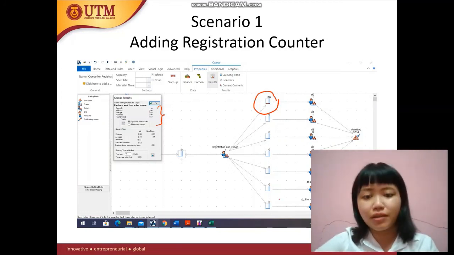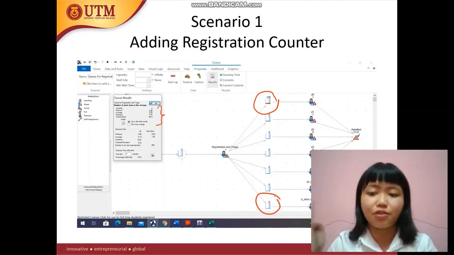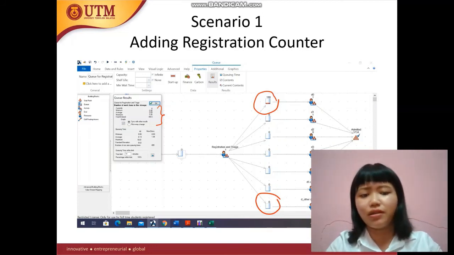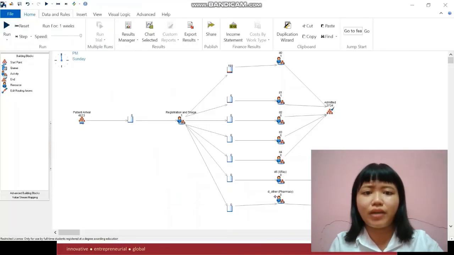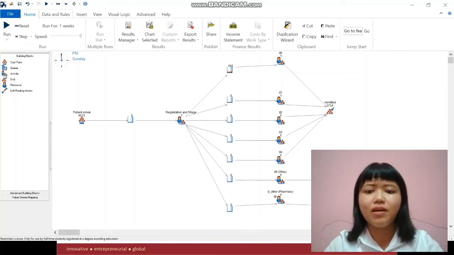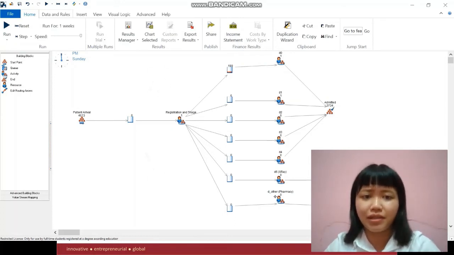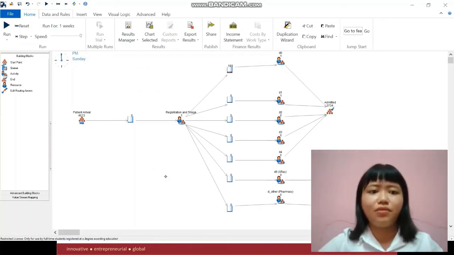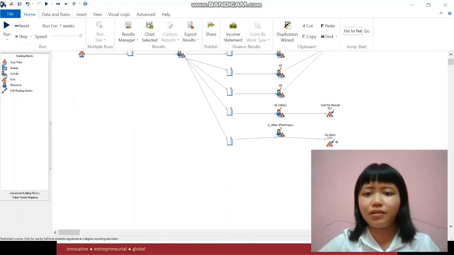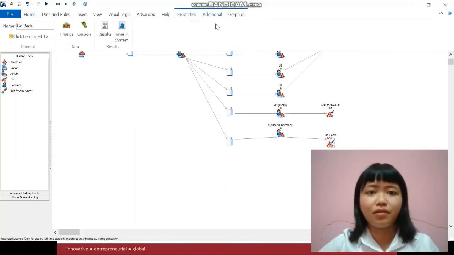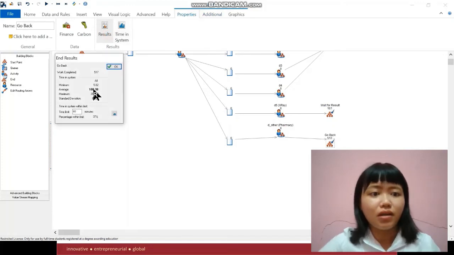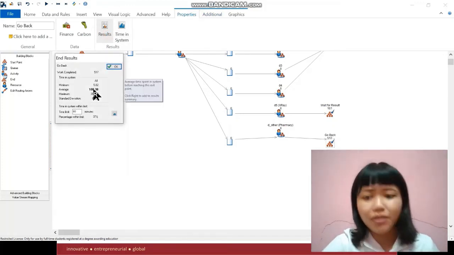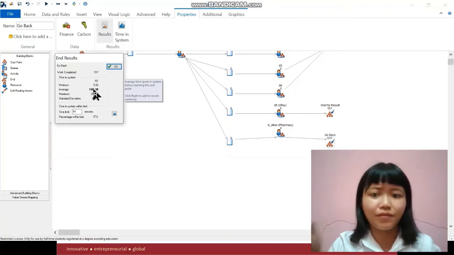We can also see a D other counter here, and the other is actually pharmacy. Although it looks quite efficient, when we look at the Simul8 results and consider that the counter is pharmacy, for the time limit of 60 minutes it's only 37% of people.